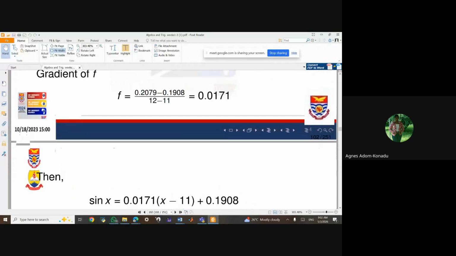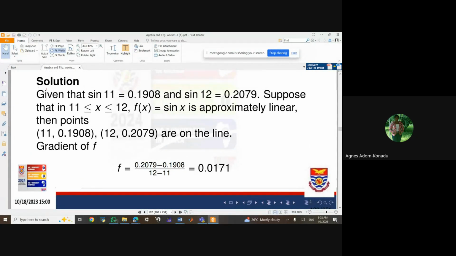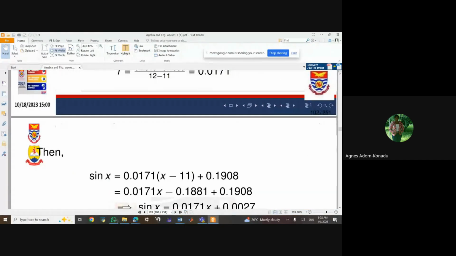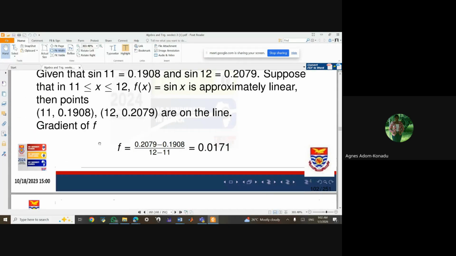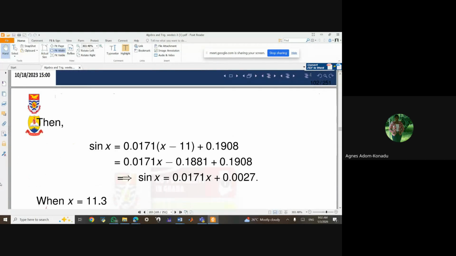So to find the equation, I know I have sine x is equal to my gradient into x, using any of the points. To find the equation, you can use this point or this point. So I have sine x is equal to the gradient that I have found times x minus 11, using the first one, plus its corresponding y value.